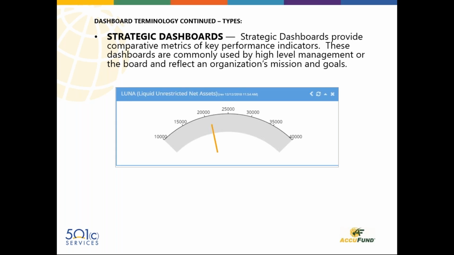So here's a common one, liquid unrestricted net assets. If we were really fancy, we could do a poll. It'd be interesting to know how many people know what liquid unrestricted net assets is. It's in a slide later, so when you download this, you'll have what the formula is. But basically, you take your unrestricted net assets number, and then you subtract out what fixed assets are, and other sunk costs that are unrestricted, and that gives you the liquid portion of your unrestricted net assets.